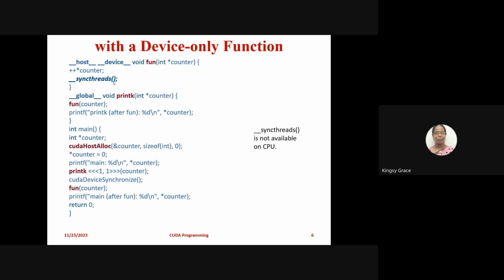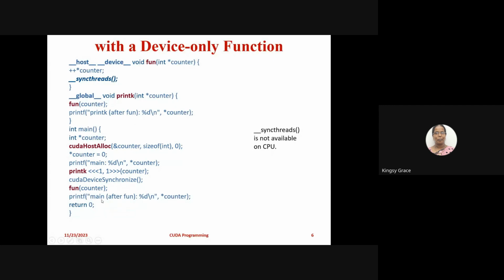For that we used sync threads. Sync threads works in the kernel part. Here we have written the function for both CPU and GPU, with the host keyword and device keyword. We'll see what happens.